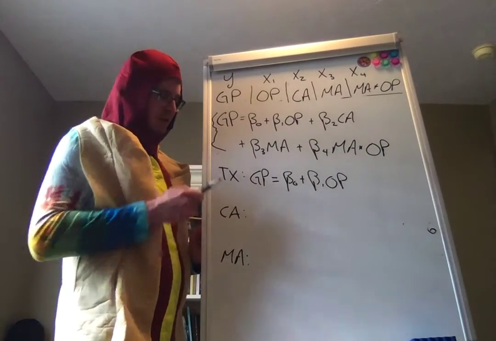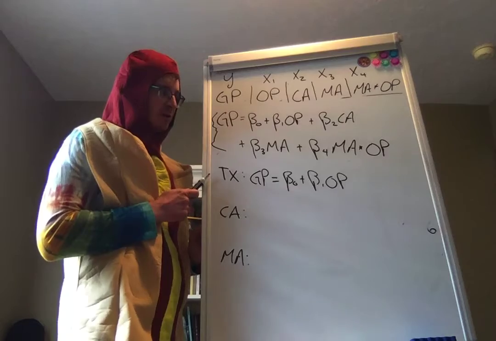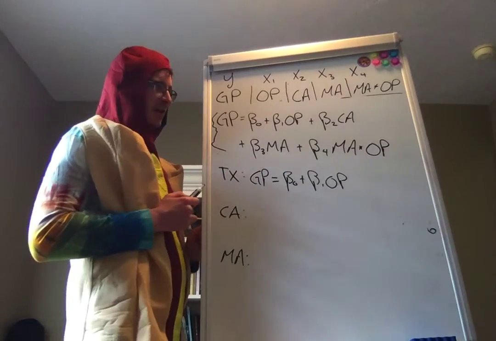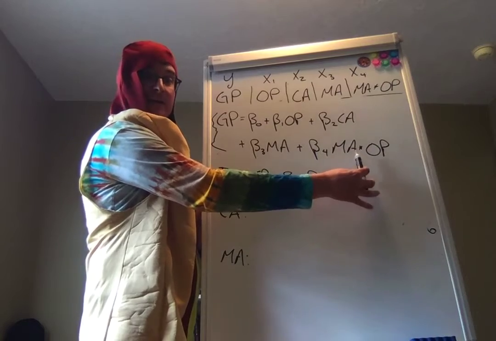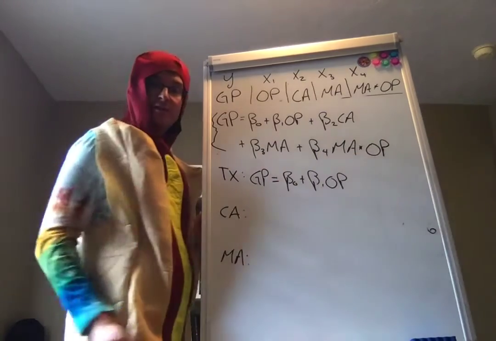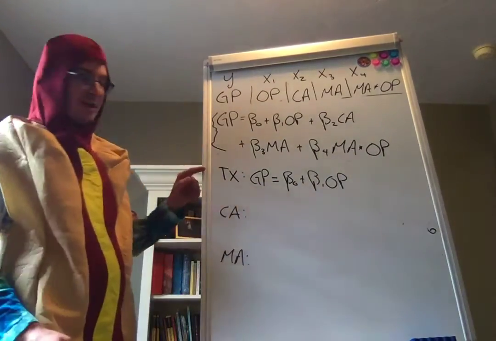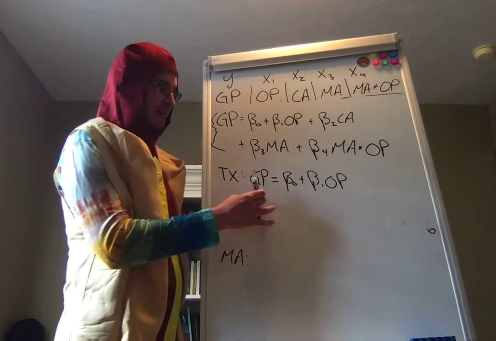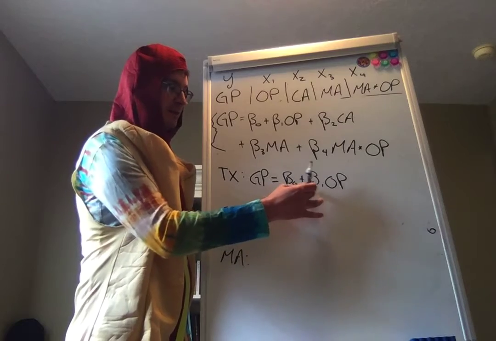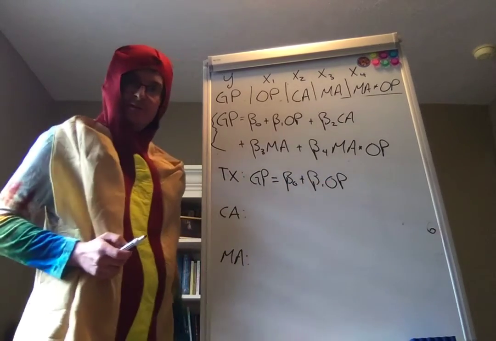That drops out of the equation. That won't appear in this Texas equation. Massachusetts is 0. That's going to disappear. Notice right here, Massachusetts shows up again. It's going to be 0. This whole term is going to drop out. So actually for Texas, we just have a simple linear regression version. We have gas price equals beta naught plus beta 1 times oil price.